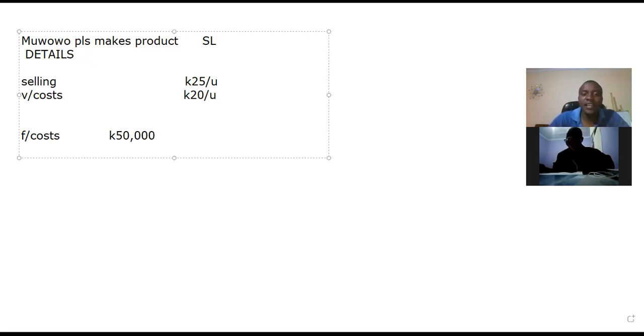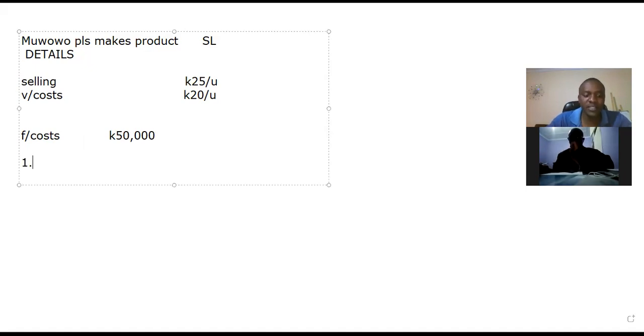And then the examiner asks the same question he always does. Calculate the number of units that must be made and sold in order to break even. Guys, see what the examiner does. The examiner does what he does best.